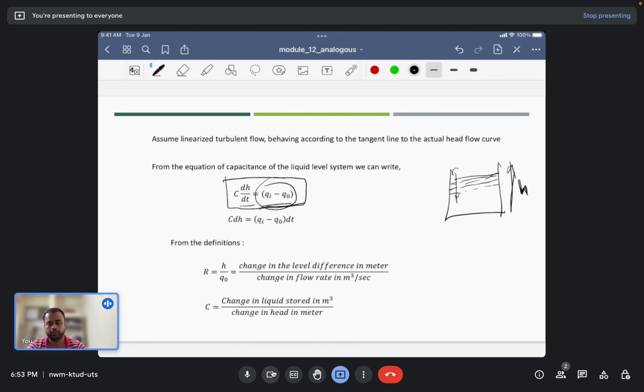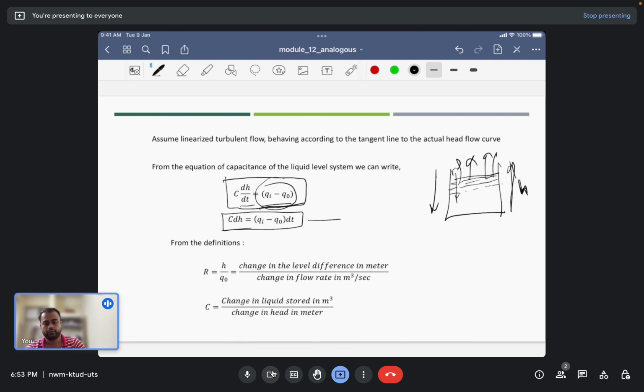If inflow is higher and outflow is lesser, the water will fill up. And if the outflow is higher and inflow is lesser, the level will go down. So this can be simplified and written like this. So this is the first equation.